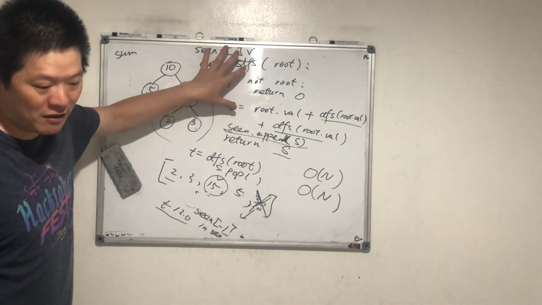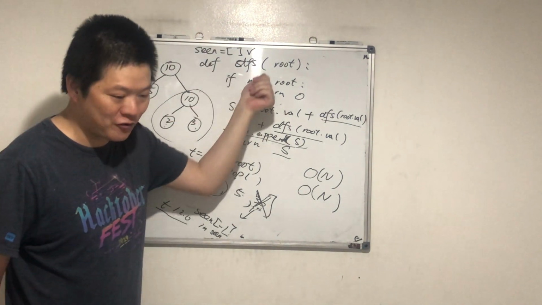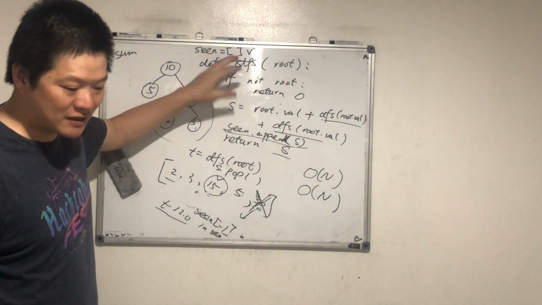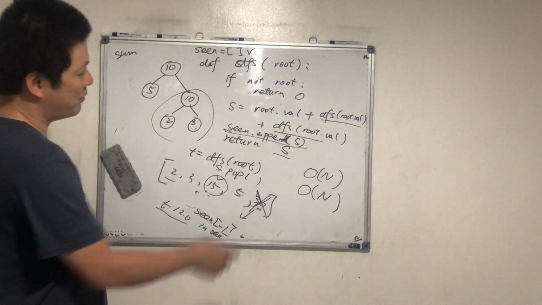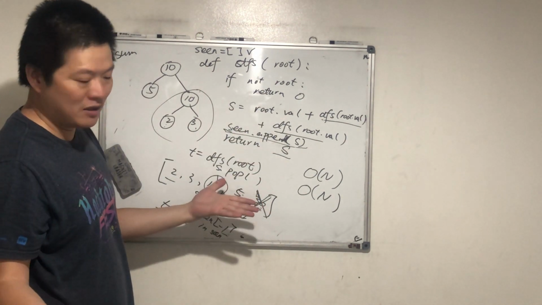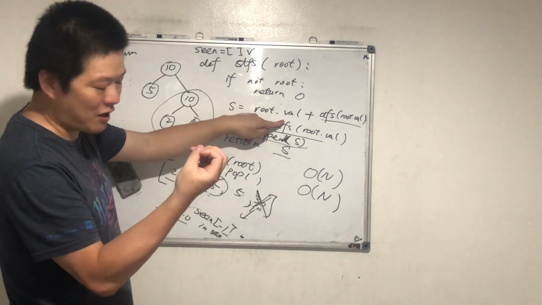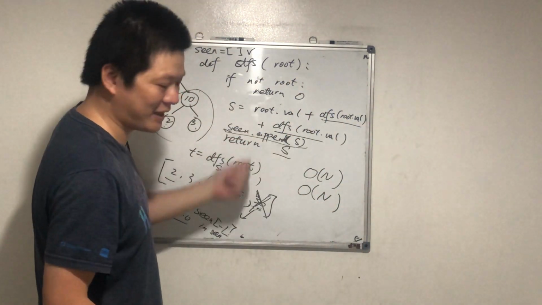Look at this, we already know this, right? Maybe 100 days ago, we already learned the recursion to compute the sum of a binary tree. Base case, if it's empty, return 0. Otherwise, the sum of its node plus recursively solving the left tree and the right tree, and put it together.